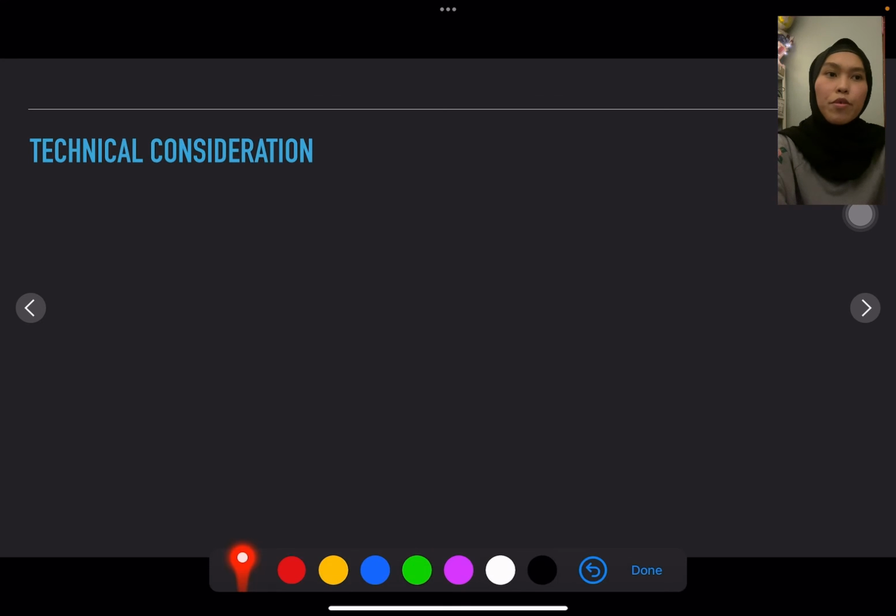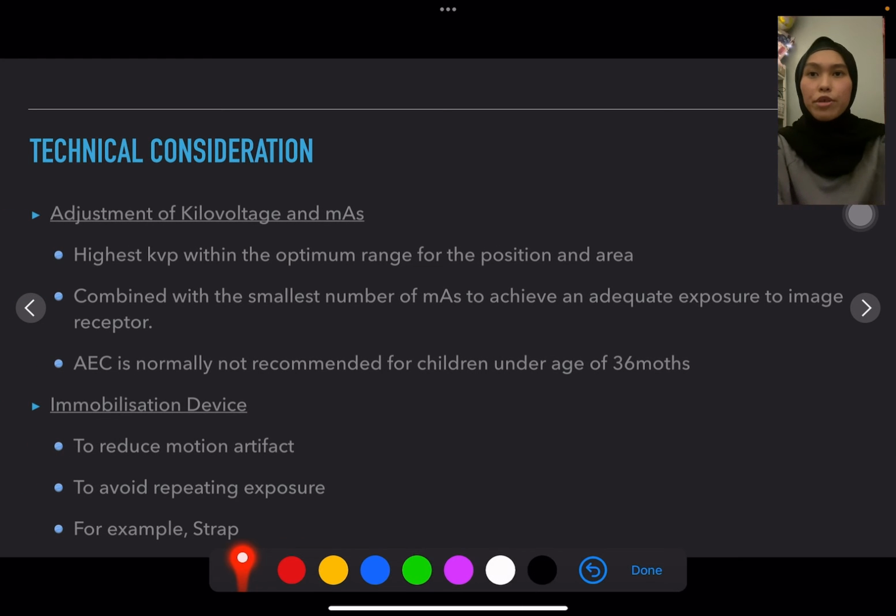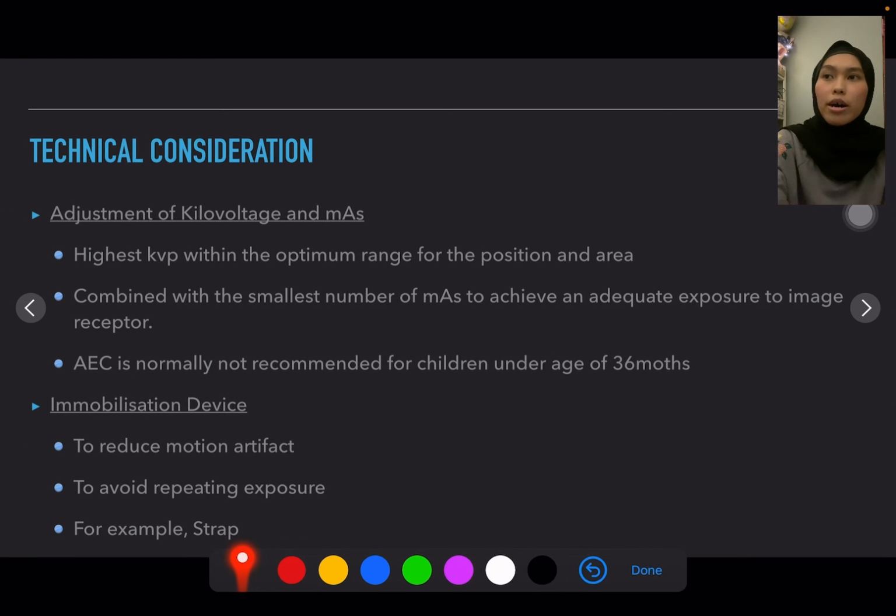So next, we move to the technical considerations. As I said just now, most patients with Perthes disease are pediatric patients.